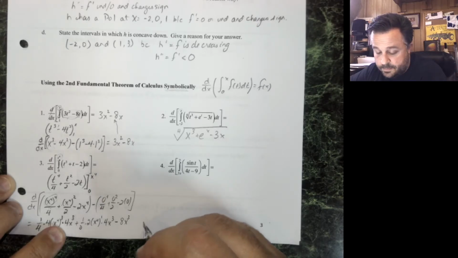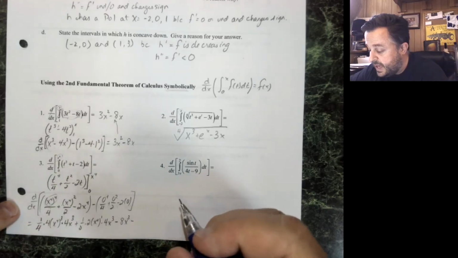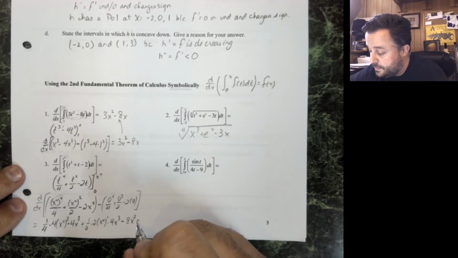Minus, again, all of this comes out to be 0. The derivative of that is going to be 0. So equals.